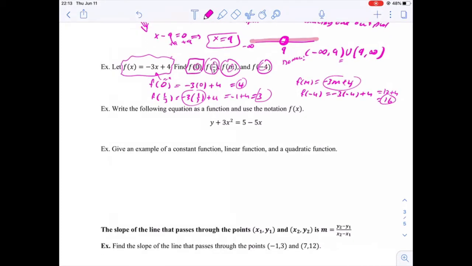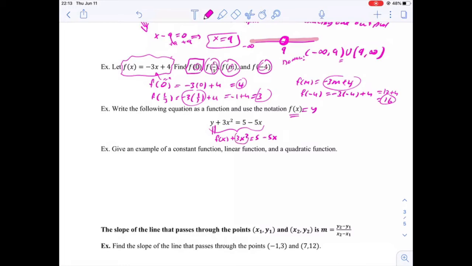Now we want to write this equation as a function using the notation f of x. The notation f of x is the same as y, so we can replace y by f of x. So we write this as f of x plus 3x squared equals 5 minus 5x. I just replaced y with f of x.